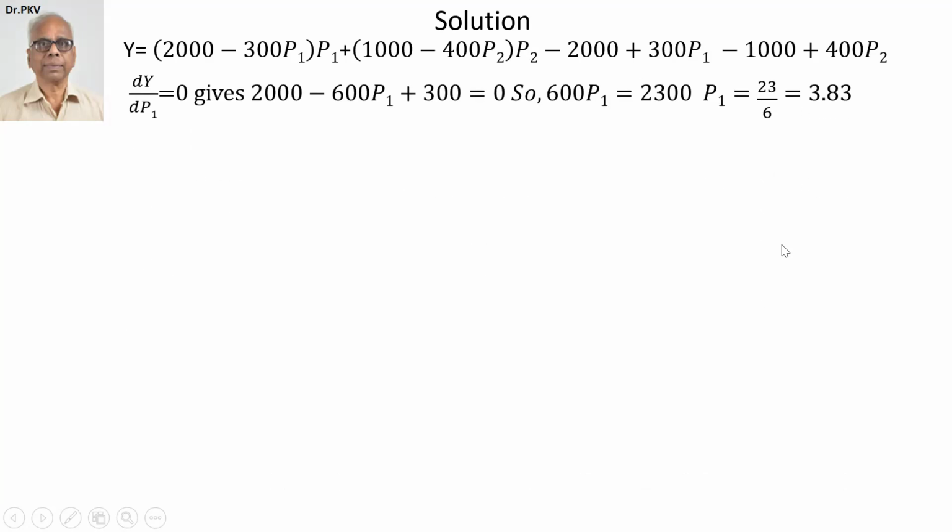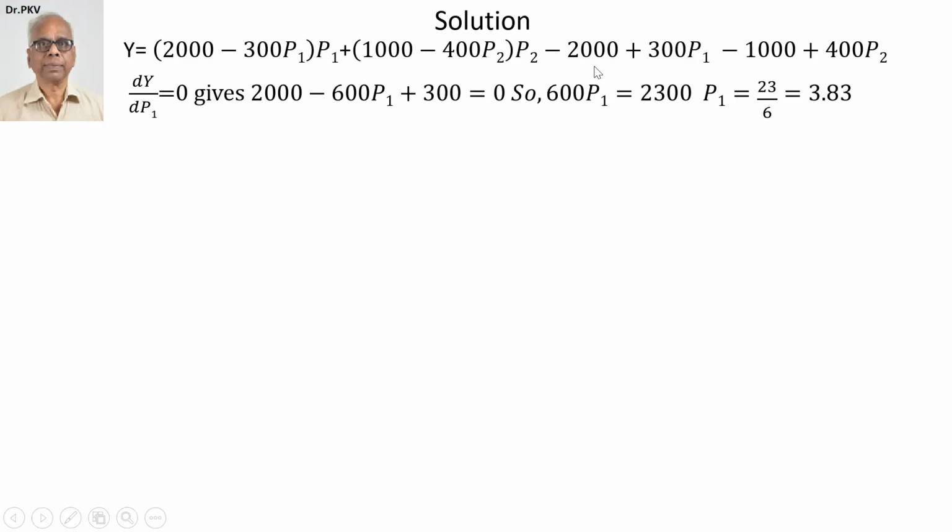Differentiate this expression of Y with respect to P1 and equate to 0. You will get 2000 into P1 will become 2000. 300 into P1 squared will become 600 P1. When I differentiate, there is a minus sign. Plus 300 is equal to 0.